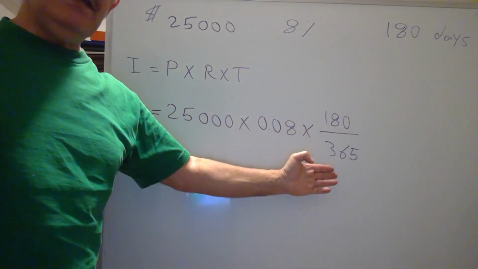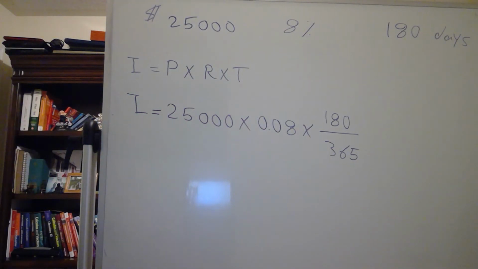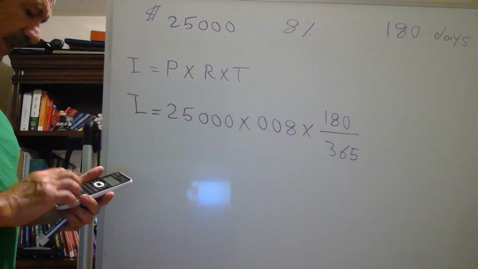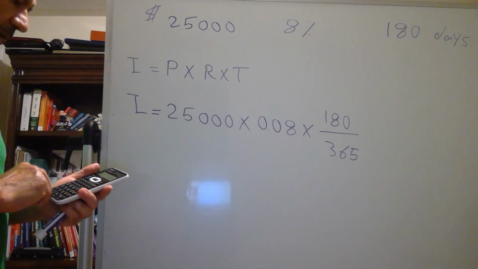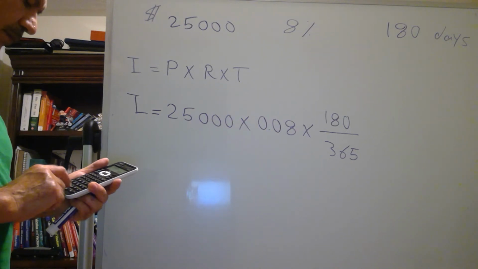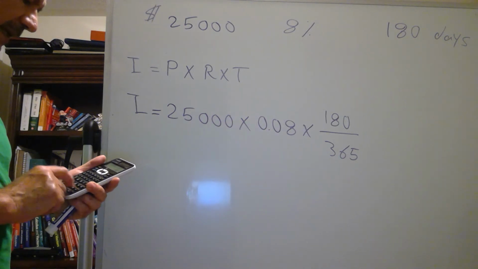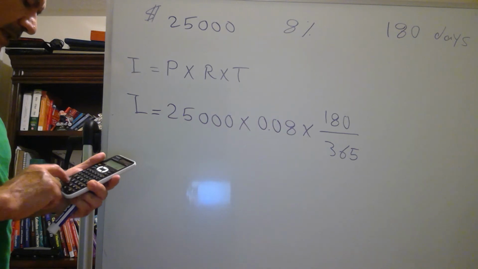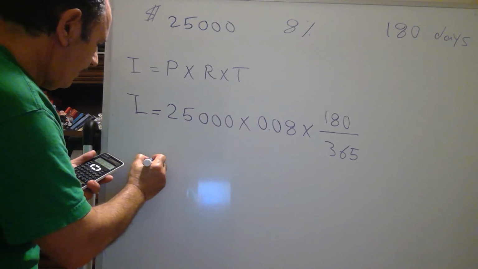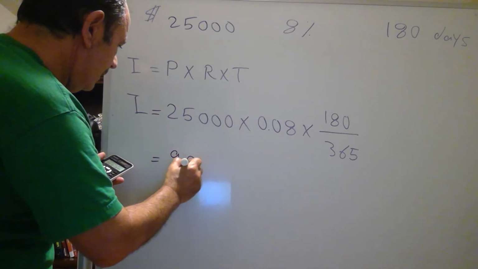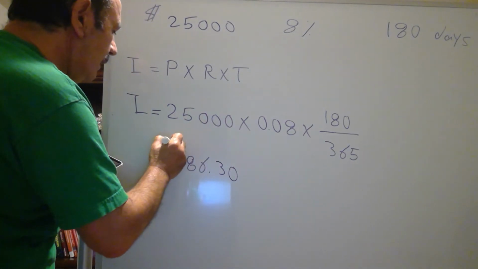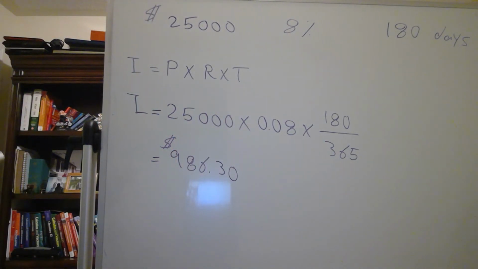So 180 over 365. If we calculate this, it's 25,000 multiplied by 0.08 multiplied by 180 divided by 365, which is $986.30. That is the value of interest.